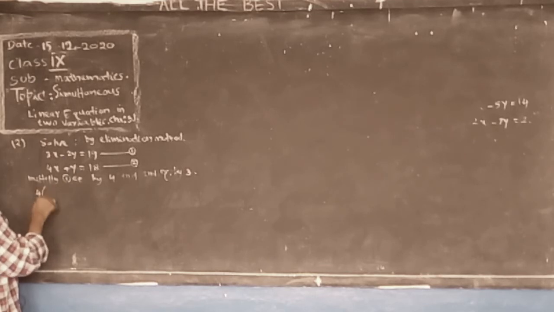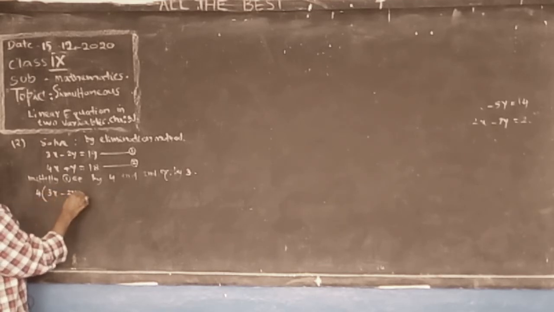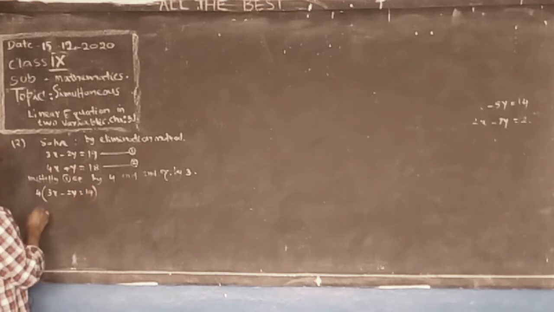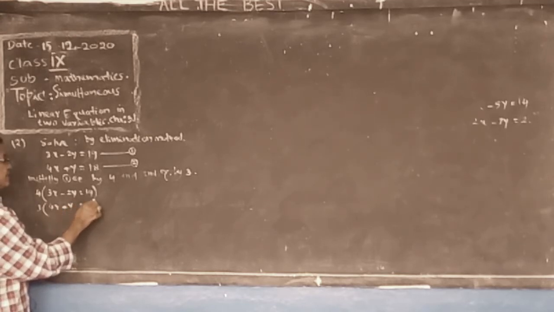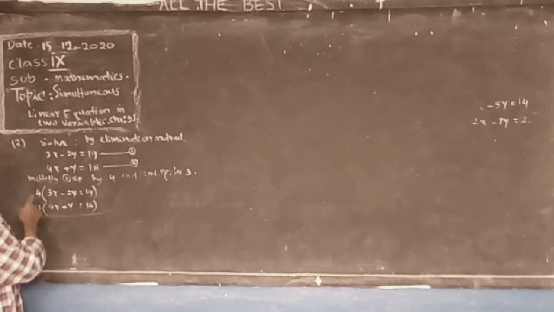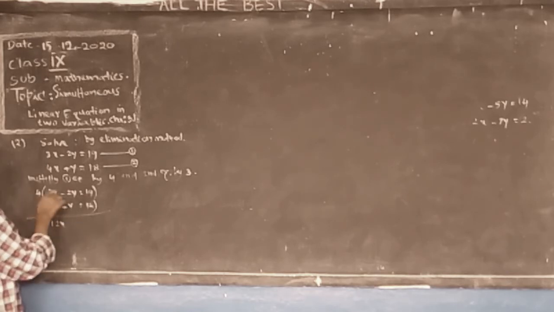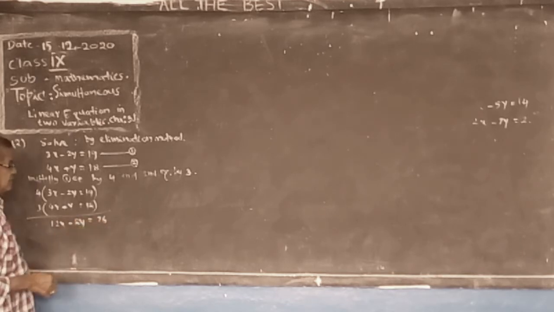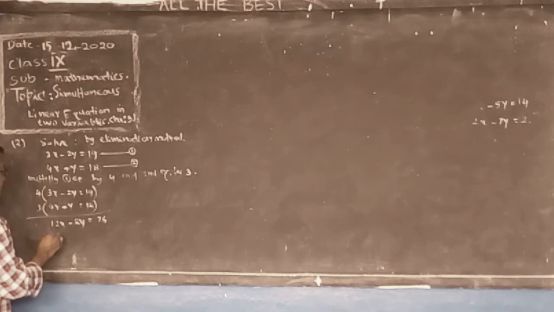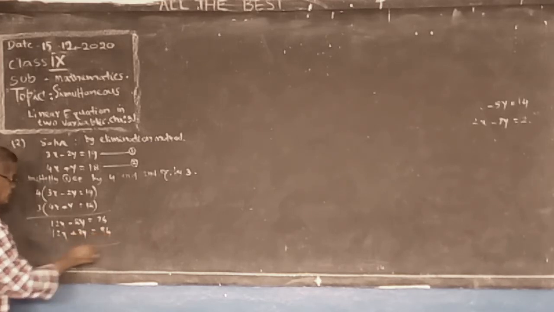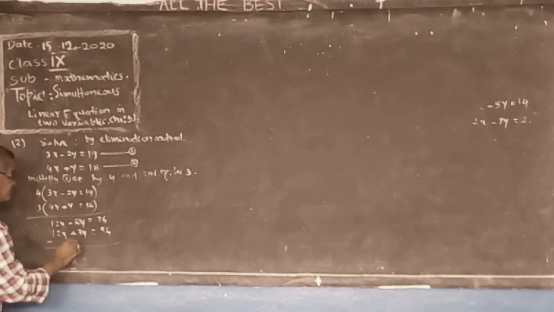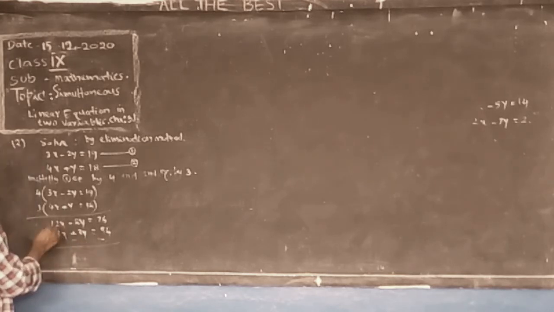Now 4 times 3x minus 2y is equal to 19, and for the second equation, 3 times 4x plus y is equal to 18. Multiplying, 4 3s are 12x, 4 2s are 8y, 4 19s are 76, and 3 4s are 12x, 3y is equal to 54.